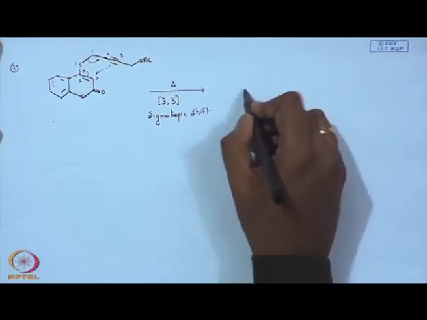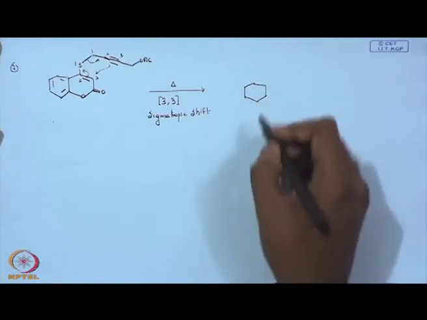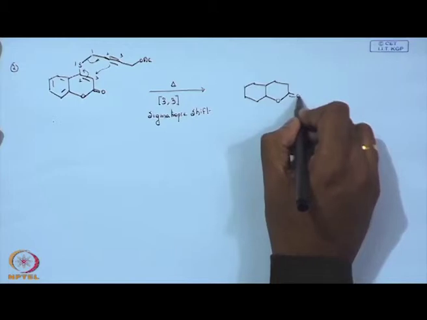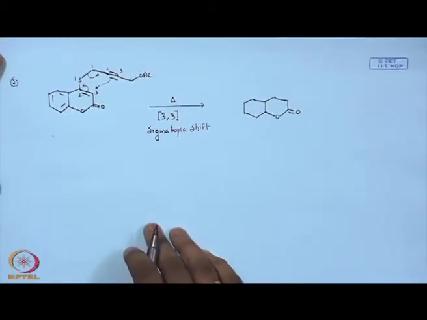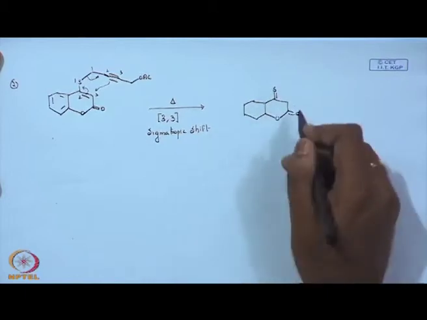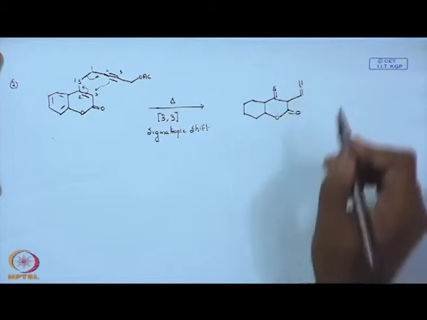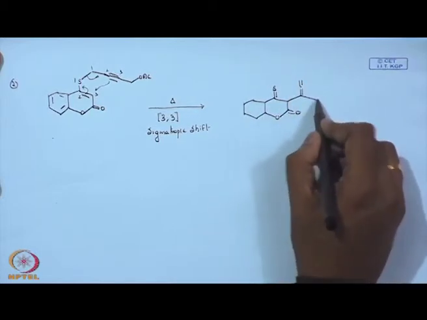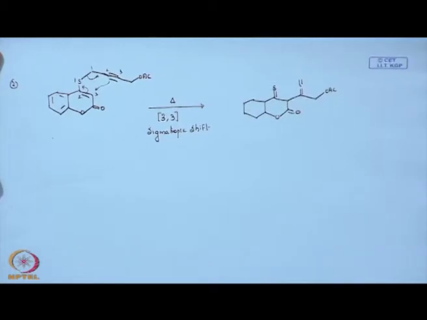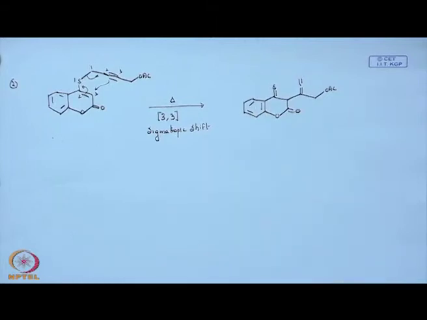So that gives me a product like double bond, CH2OH, and you have here aromatic.